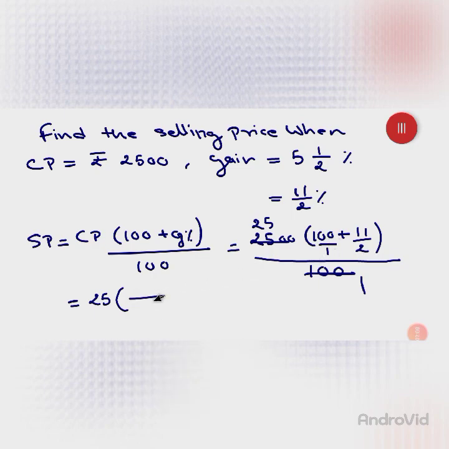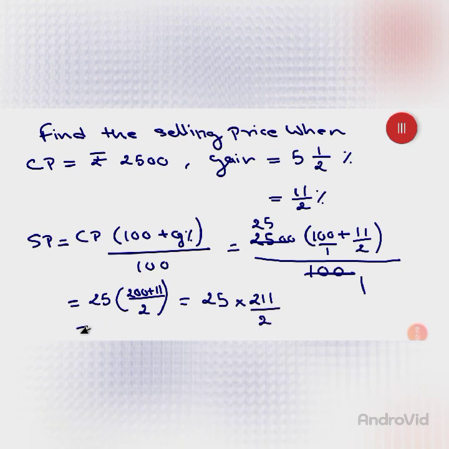We find the LCM of 1 and 2, okay, then it will be 200 plus 3 equals to 25 into 203 divided by 2. Our selling price will be rupees 2537.5.